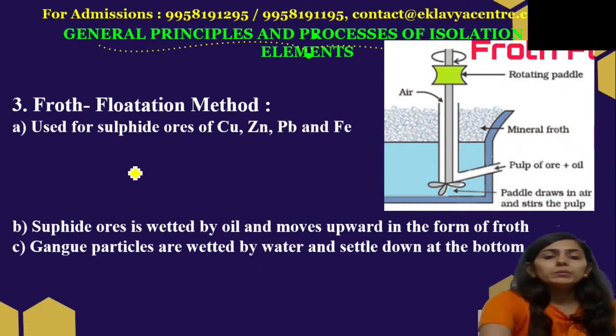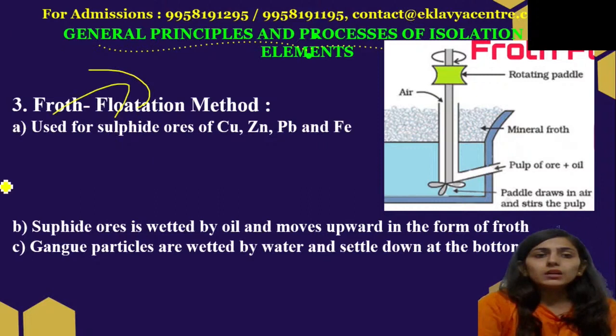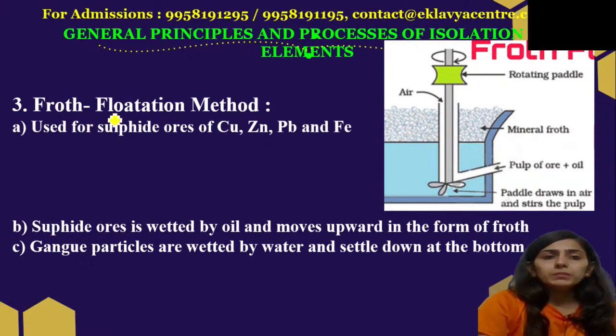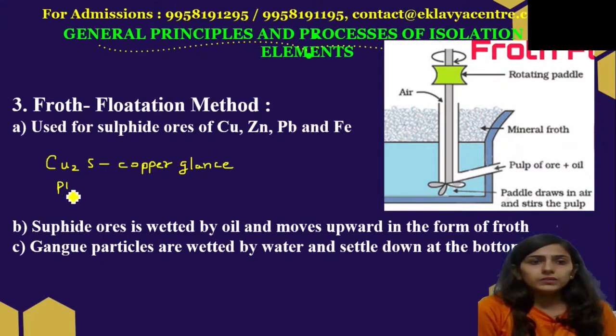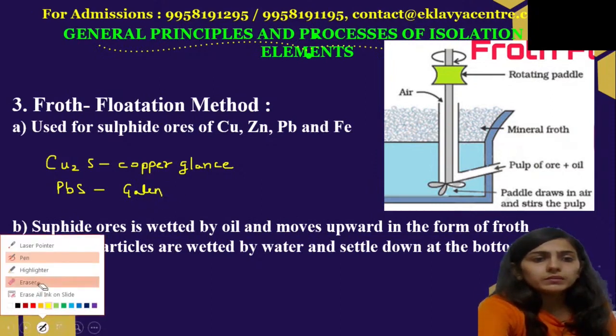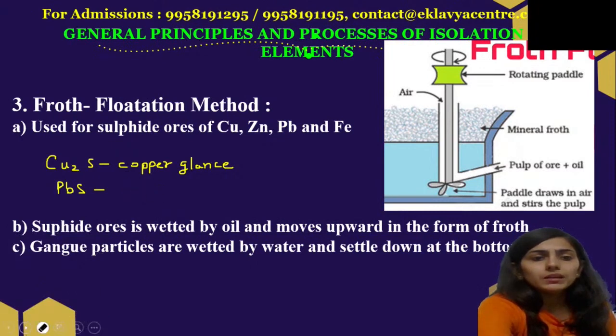So you have to remember that we use the froth flotation process for sulfide ores only, and you also have to remember the names, like copper glance, and lead sulfide, whose name is galena. You have to remember the names, because sometimes they simply ask you the name.